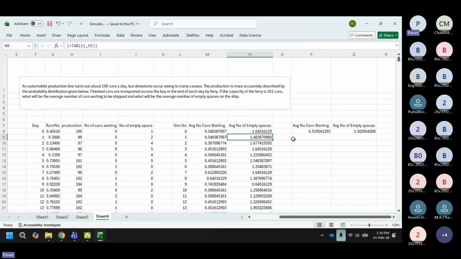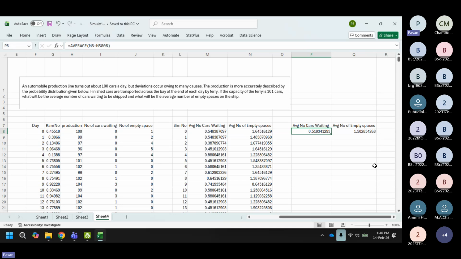Now after doing the calculations, you can take the average of each of the two columns. And that will tell us in general the number of cars waiting and the number of empty spaces. So by looking at these two numbers, what can we see?